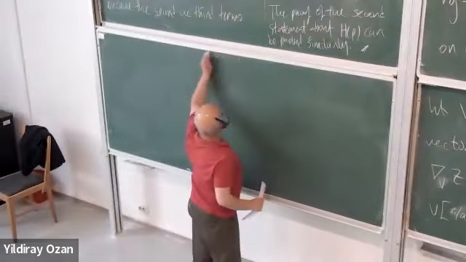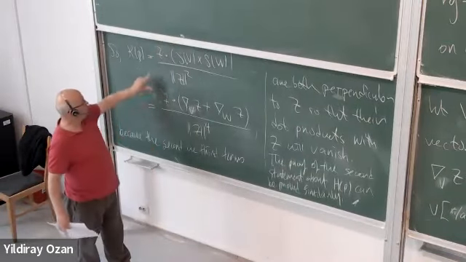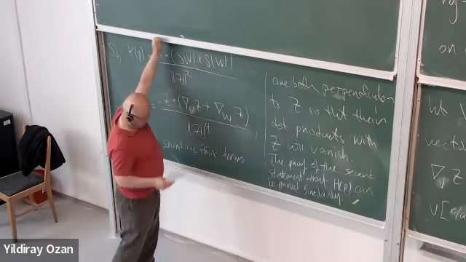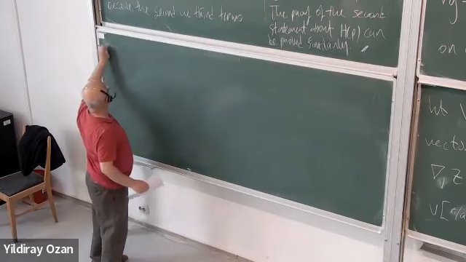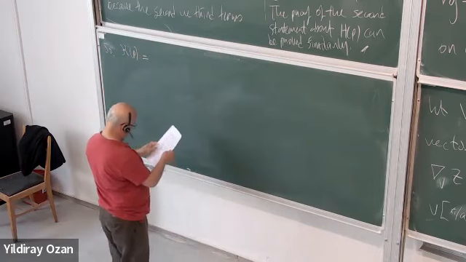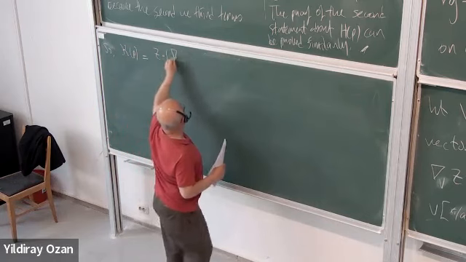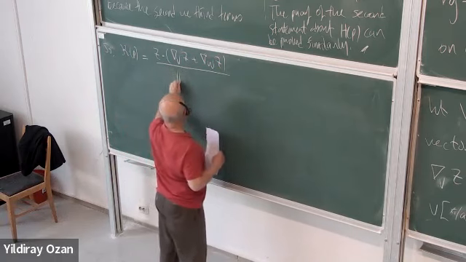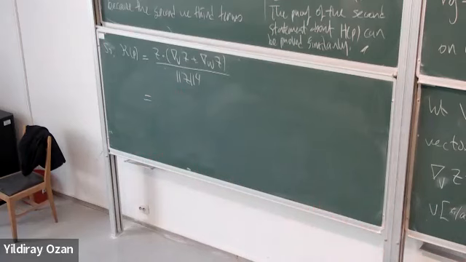So what is the Gaussian curvature? This expression, which we just computed, divided by norm z squared. So the Gaussian curvature is z dot product with this. We computed the numerator.